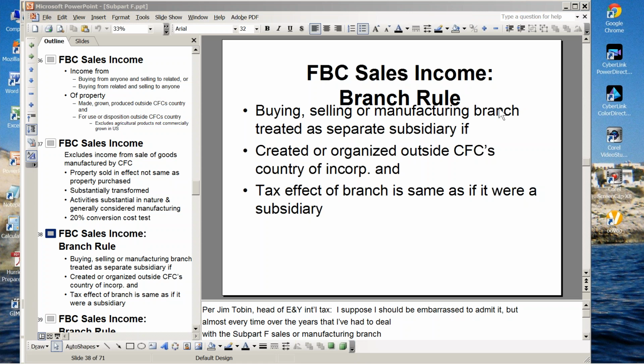Say Company A is incorporated in France and has a branch in the Cayman Islands, and the French government doesn't tax the branch income from the Caymans until the branch sends it back to France. U.S. rules say a branch doesn't exist. It's a nothing. But foreign rules often say a branch is almost the same as a subsidiary.